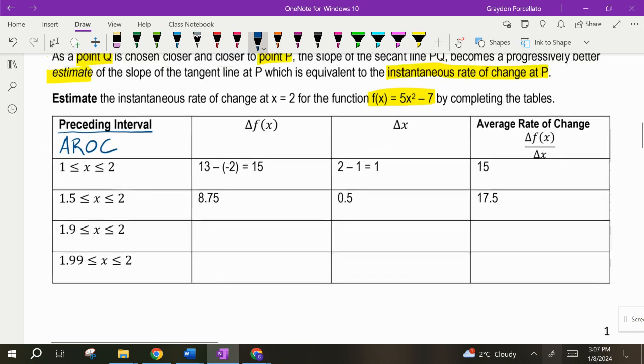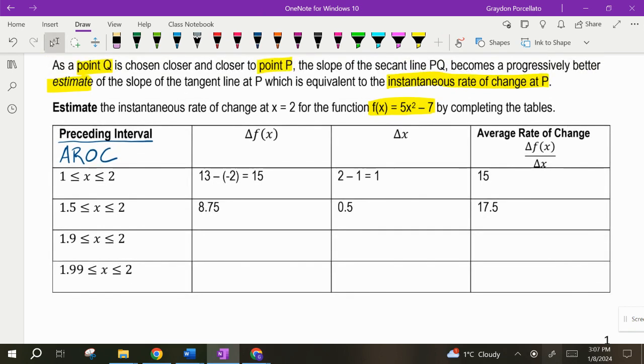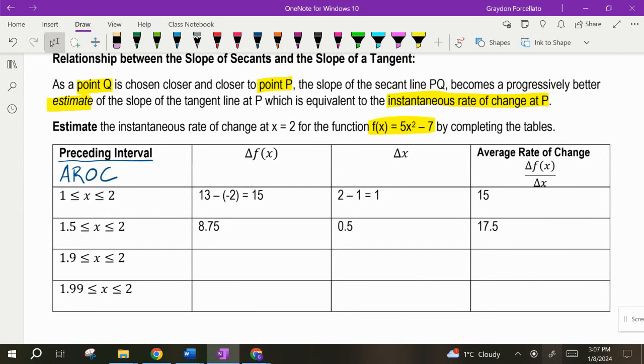So this is how I calculate: change in f of x over change in x. Now I'm going to show you how we get these numbers here. 13 minus negative 2.